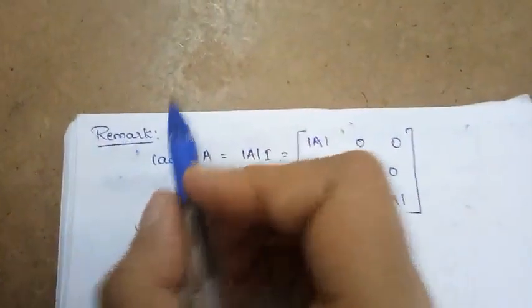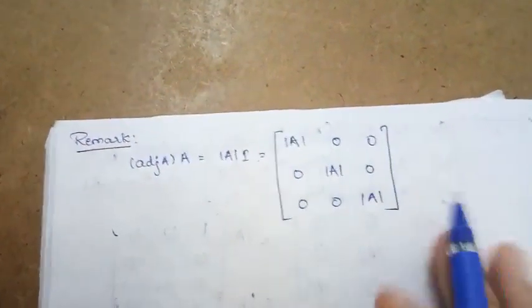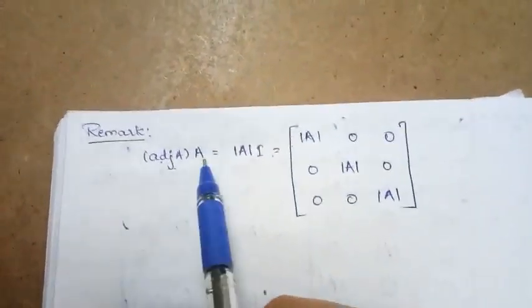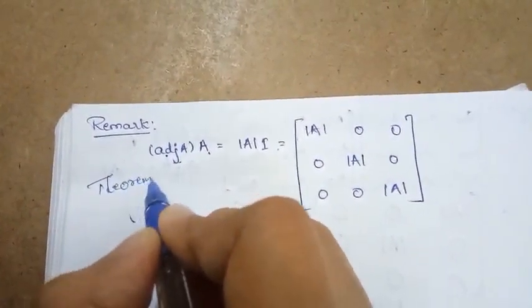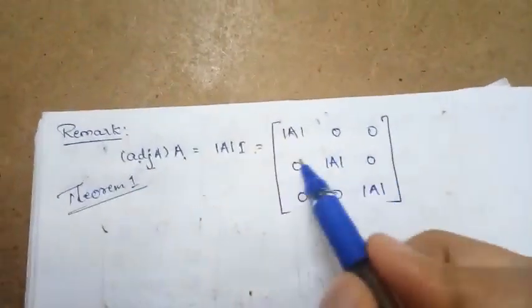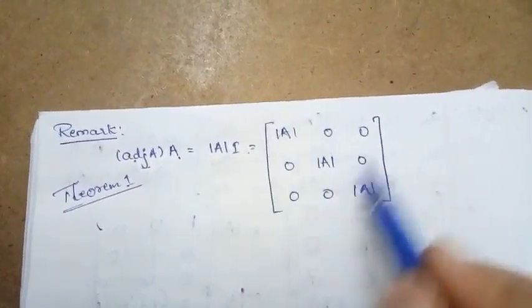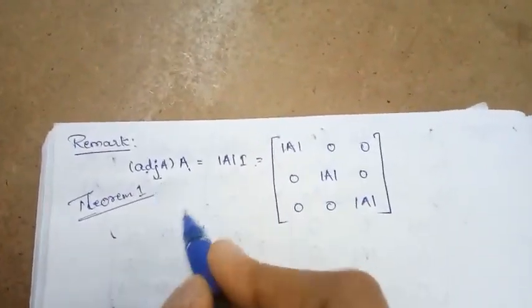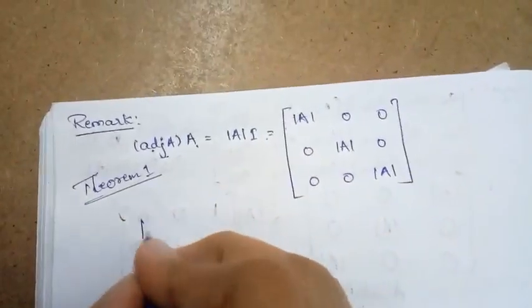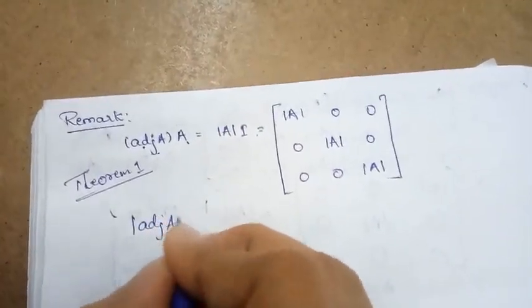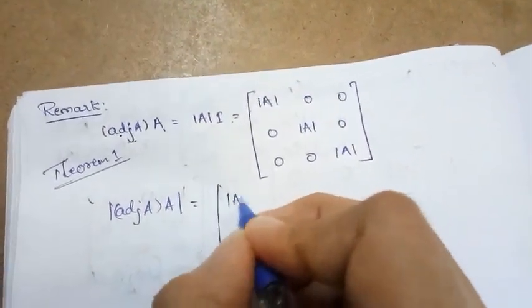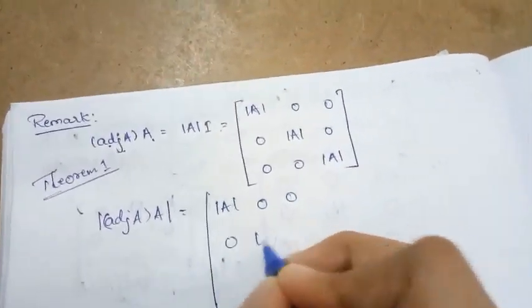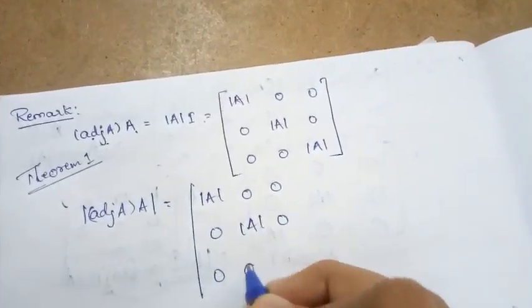So let us move to the next important remark which we need to know. We know that adjoint A, theorem 1, this is what theorem 1 is stating, right? That is, A times adjoint A is equal to determinant A into I. If I take the determinants on both sides, then it becomes the determinant of adjoint A into A, and the determinant of this matrix with determinant A on the diagonal and 0 elsewhere.